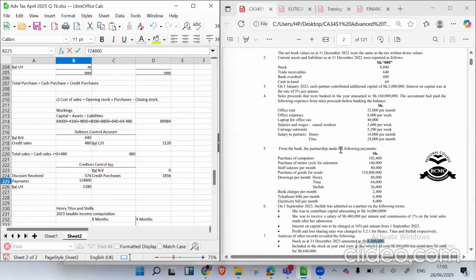The partnership made the following payments. They paid for purchases of goods. So that now our balancing figure, we should also include that.